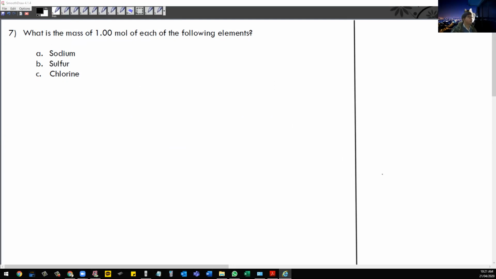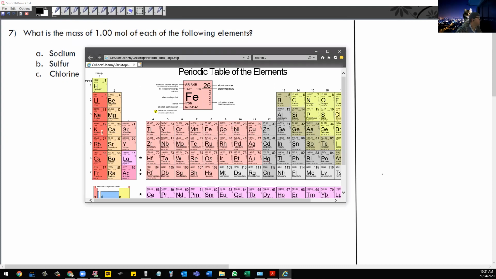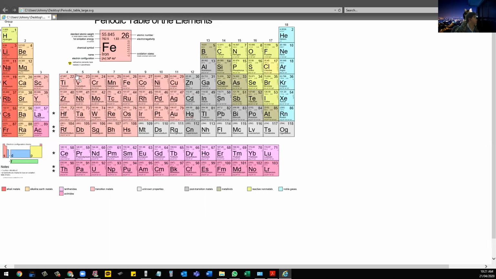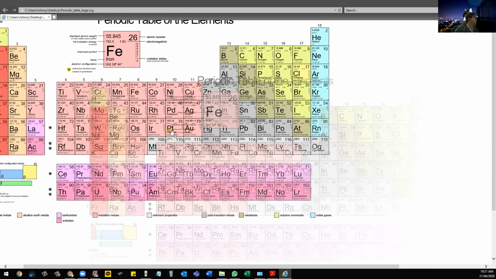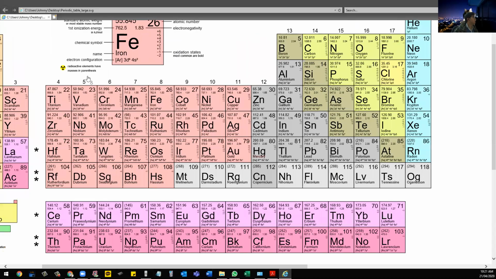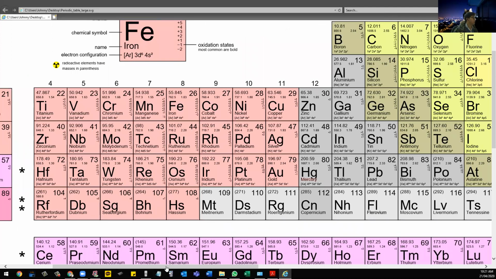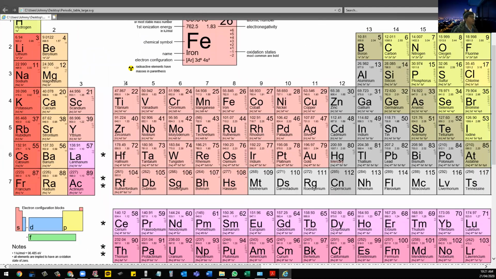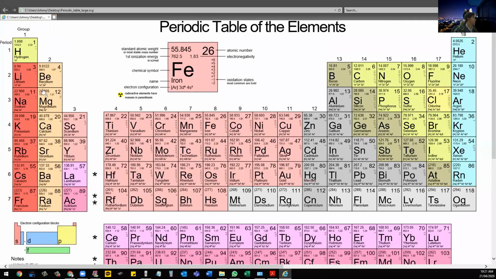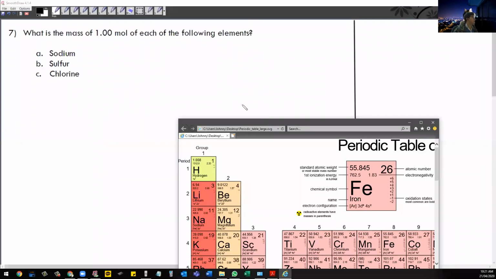Here, I've got the periodic table. Sodium is Na, and I can see this one is 22.99, right?